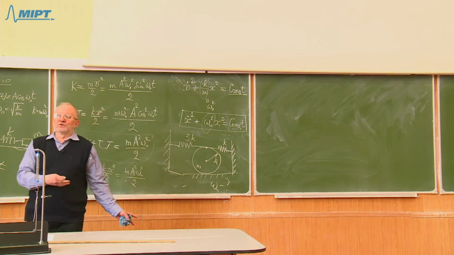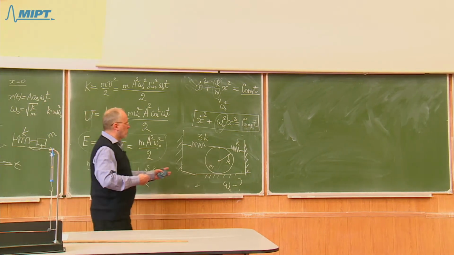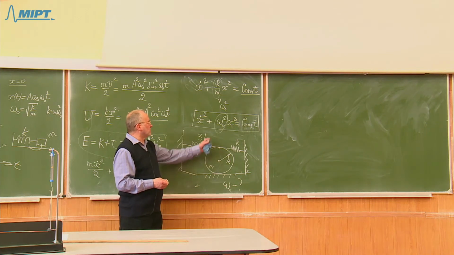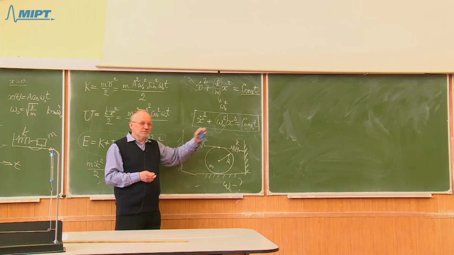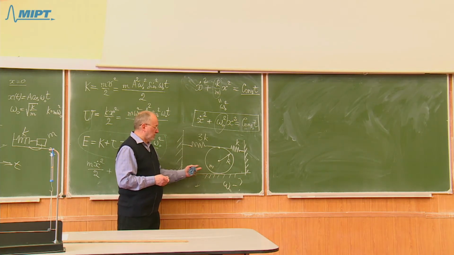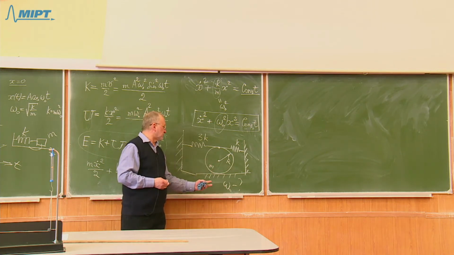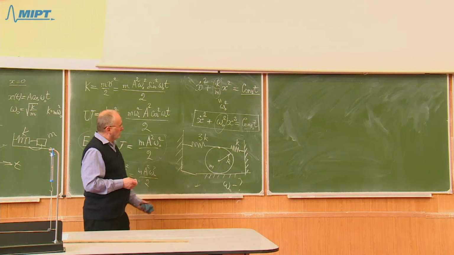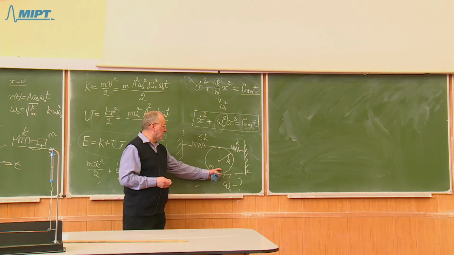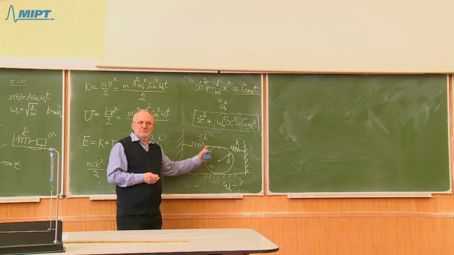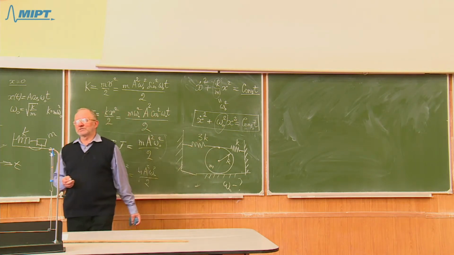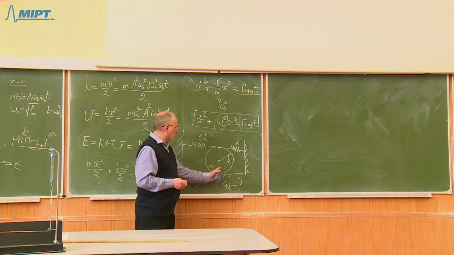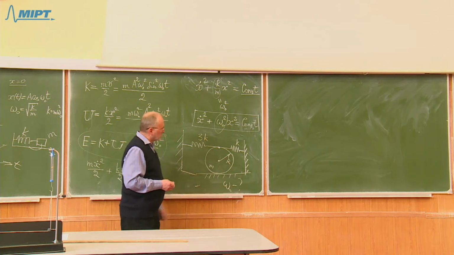This is an example of a problem which can be solved much more easily if you consider energy considerations, much easier than forces and torques and the equation of the rate of change of angular momentum. So it's possible to consider forces and torques and angular momentum, and how it changes.